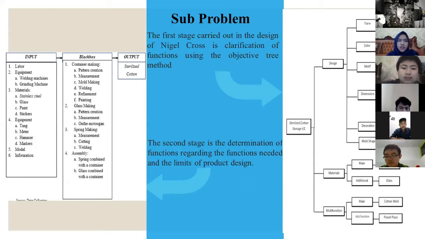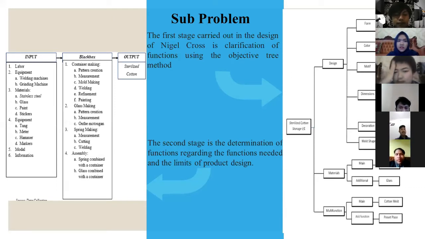The decoration is dental stickers, and the mold shape is round. The main material is stainless steel, and the additional material is glass. The main function of our product is cotton mold, and the additional function is tweezer place.